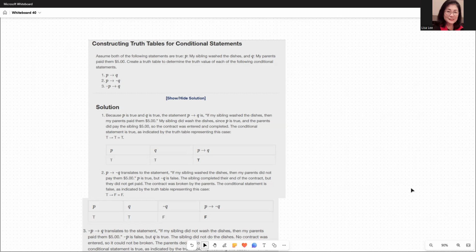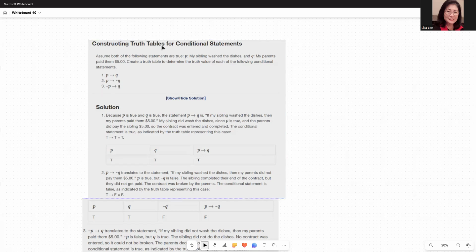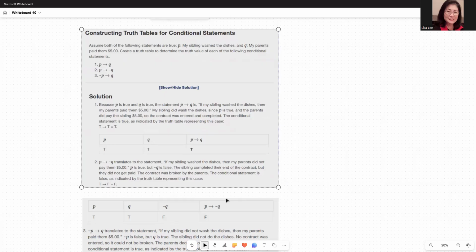Number one, P implies Q. Number two, P implies not Q. Number three, not P implies Q. I hope you will give it a try yourself first, then check the answer below. Check the solution after you give it a try.